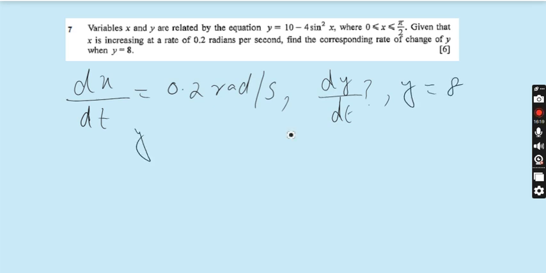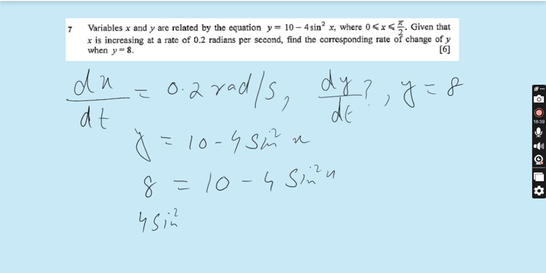So first we have to find the value of x by putting the value of y as 8 in the given equation of the curve, 10 minus 4 sine square x. So 4 sine square x, negative becomes positive, 10 minus 8.